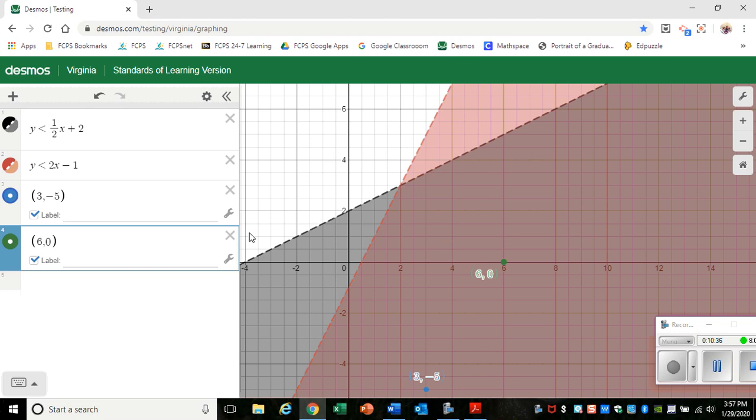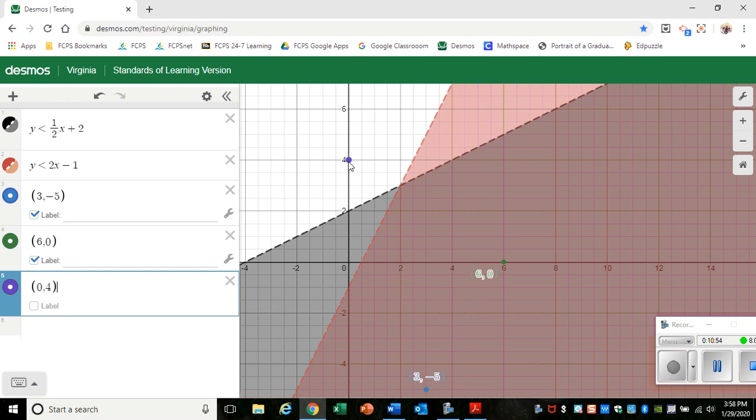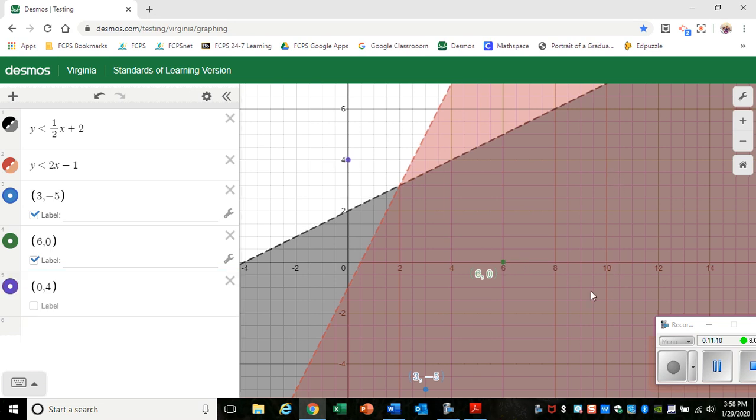But if I pick something outside of here, let's say I pick 0, 0, 4. Now you don't have to do this, you can just watch. This is not a solution because this is outside of the graph. It has to be in this section. If I have a point here or here, that's not a solution either. The solutions are only the ones, any point, it could be 6, 0, 10, 0, 10, 4. Any points in this overlap section will be the answer.